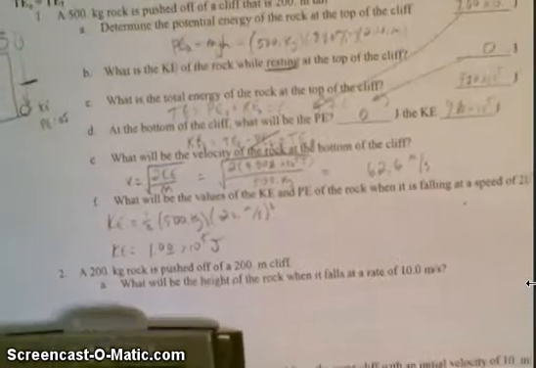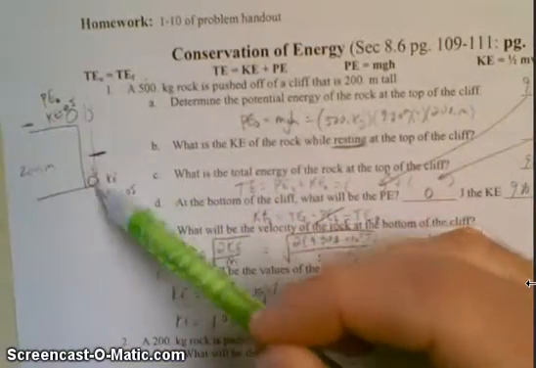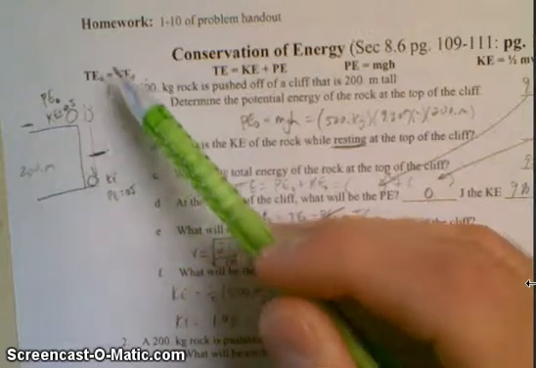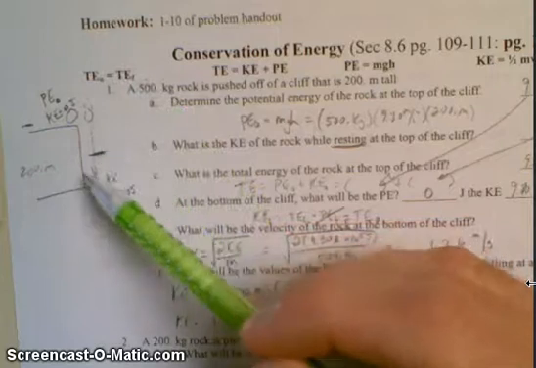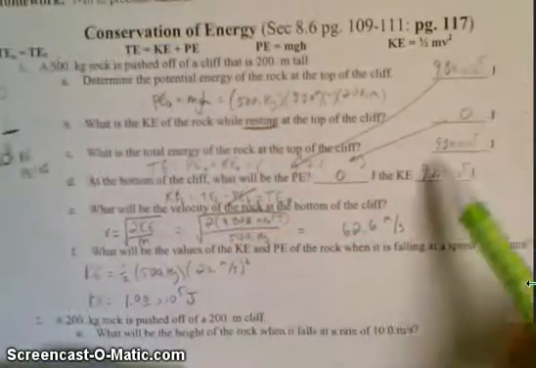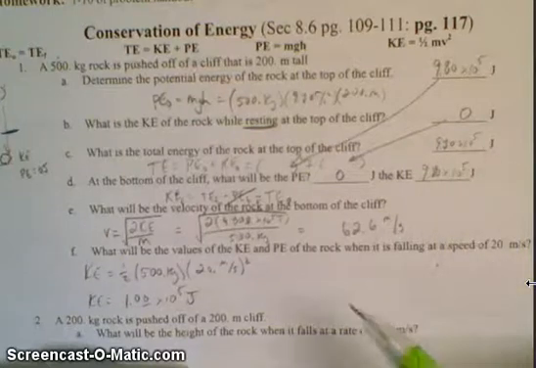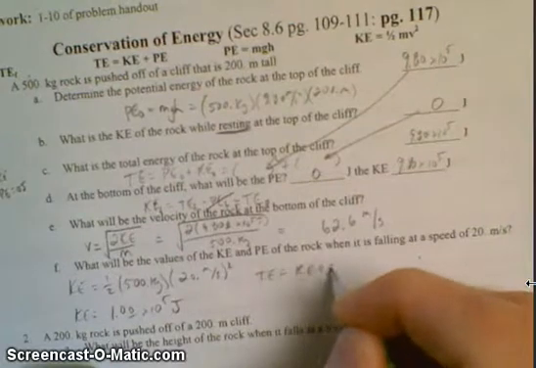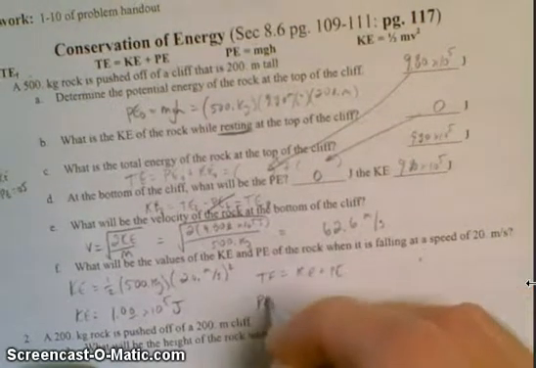Now, think about what is constant. What is constant here, here, here, anywhere along this path? What is always true? Well, the total energies are always equal to each other. So the total energy here is the same as the total energy here, which is the same as the total energy here. And that total energy is how much? Well, if we look back over here, it's 9.8 times 10 to the 5th joules. So if I say the total energy is equal to the kinetic energy plus the potential energy, can I solve for the potential energy now? Sure.